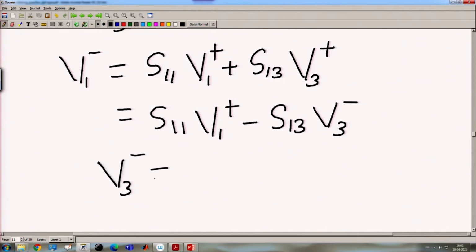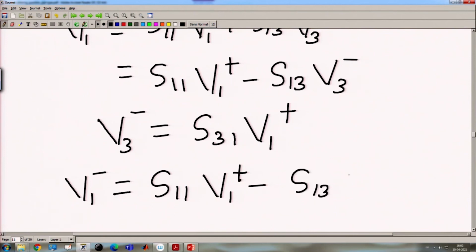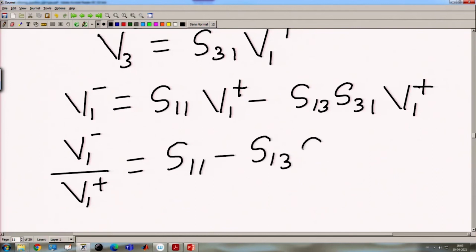We know V3 minus equals S31 into V1 plus, since S31 equals V3 minus divided by V1 plus. Substituting, V1 minus equals S11 V1 plus minus S13 S31 V1 plus. Taking V1 plus common, V1 minus divided by V1 plus equals S11 minus S13 S31.